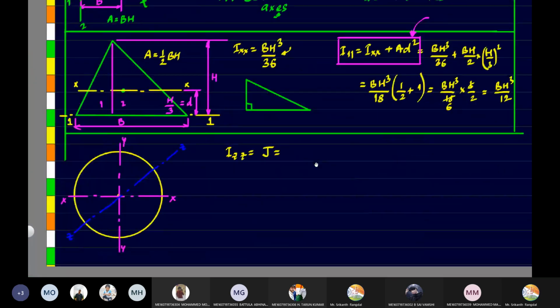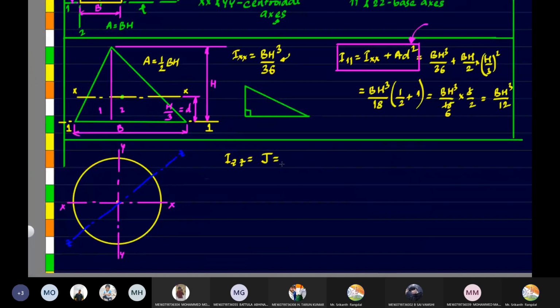So what is the value of J for a circle? Pi r power 4 by 2.